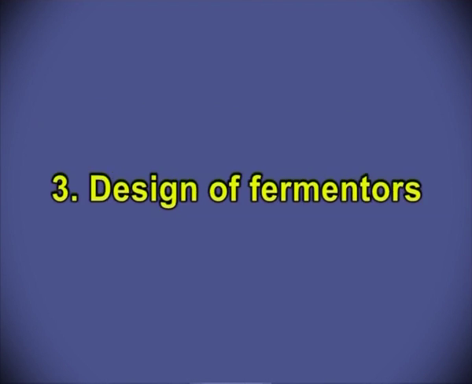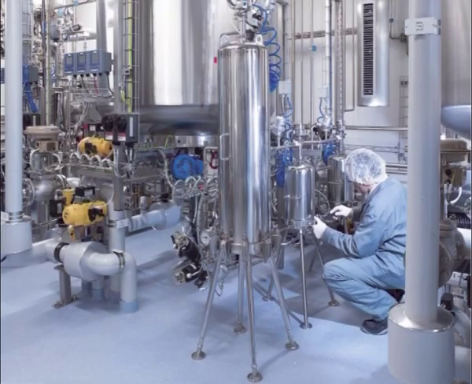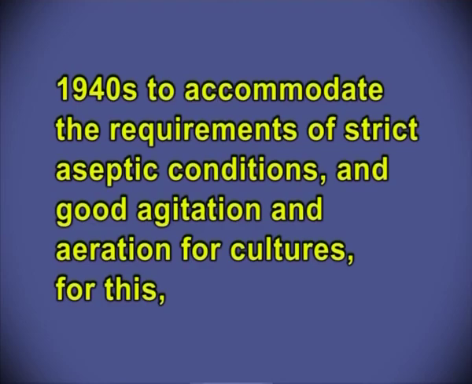Coming to design of fermenters, there are many requirements that need to be met in the design of a large scale production fermentation facility. The conventional fermenter design was considerably improved during the 1940s to accommodate the requirements of strict aseptic conditions and good agitation and aeration for cultures.